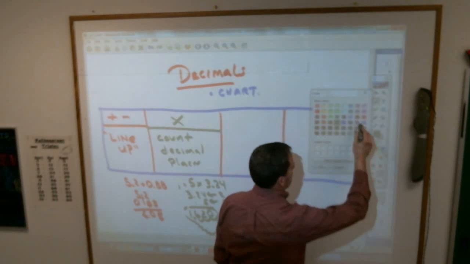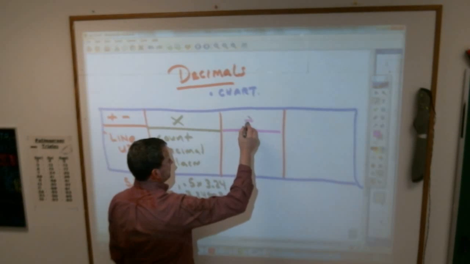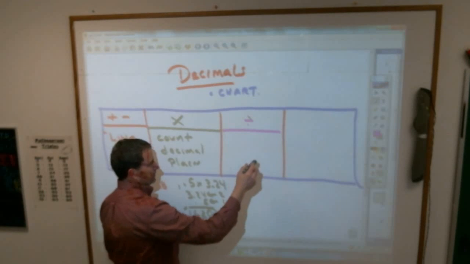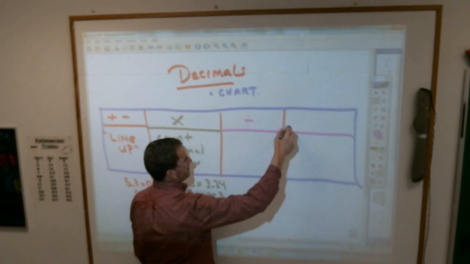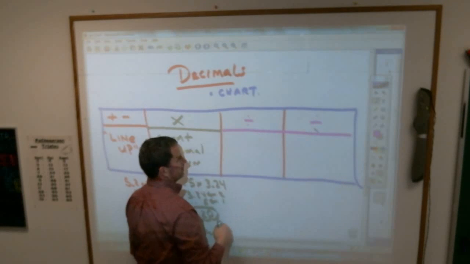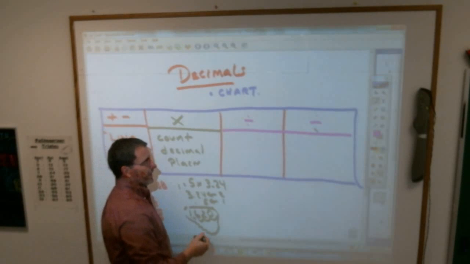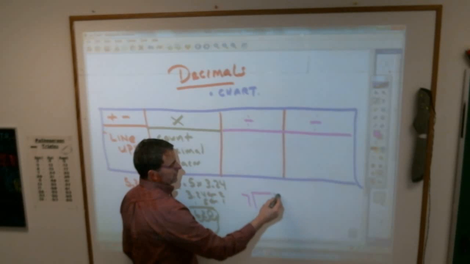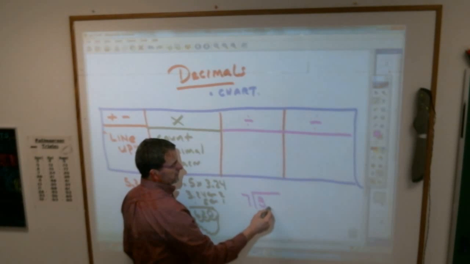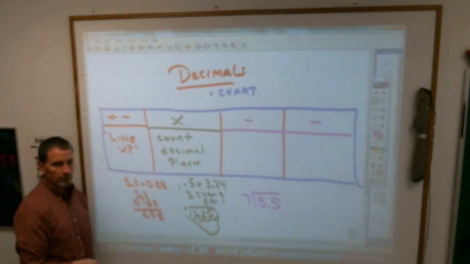What is the rule when you divide by decimals? There are two different things: dividing by a decimal, and dividing a decimal by a decimal. When you divide a whole number into a decimal, let's say I have 7 into 3.5, what's the little rule I do first, before I even start the problem?